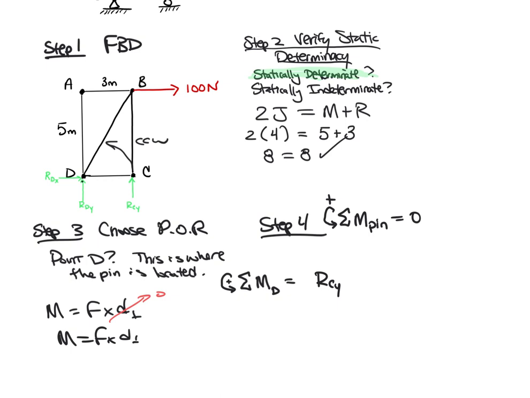So we need a perpendicular distance for RCY to my point D, my point of rotation. So what is that perpendicular distance from that force to point of rotation D? Anybody want to take a guess? 3 meters. Great job. So again, focus on the line of action.